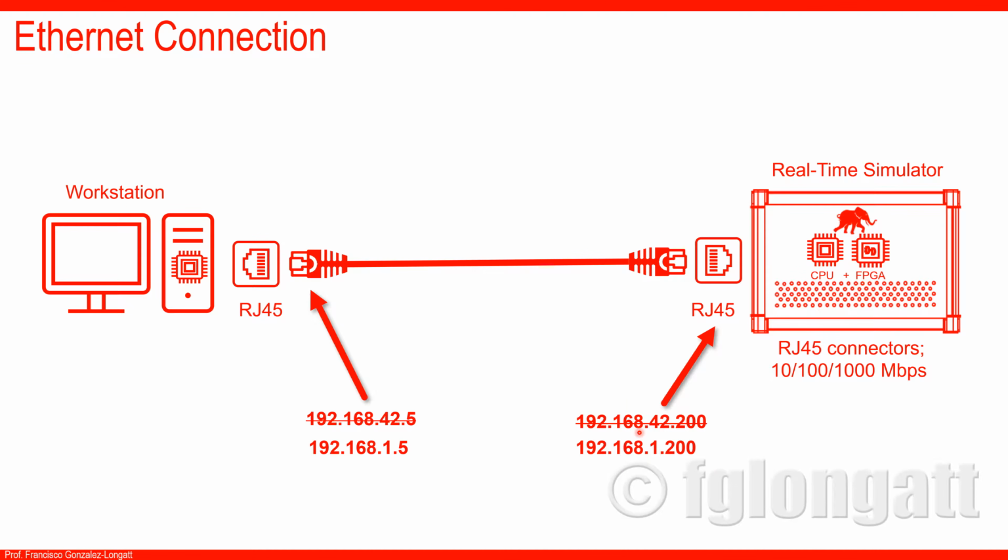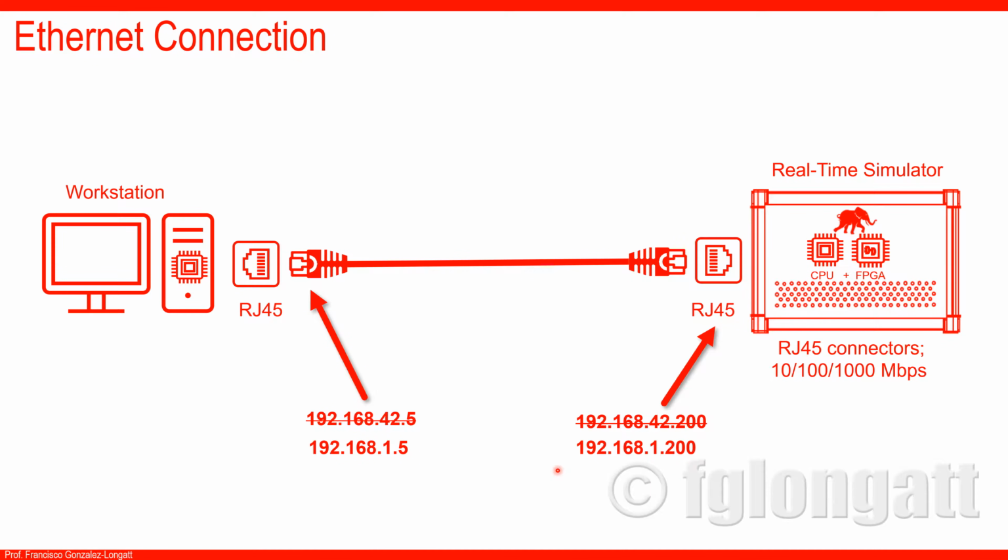And then I will use this new IP address 192.168.1.200, okay? That is the IP address that is perfect in order to access my other equipment inside this very specific local area network, okay?